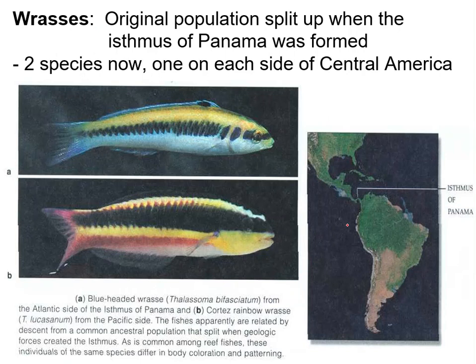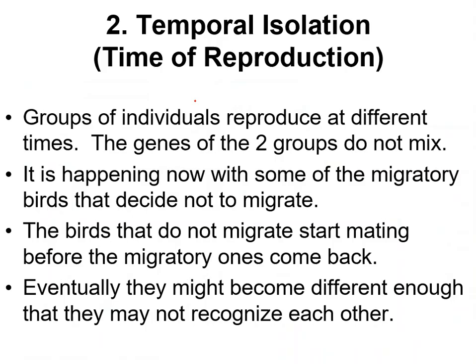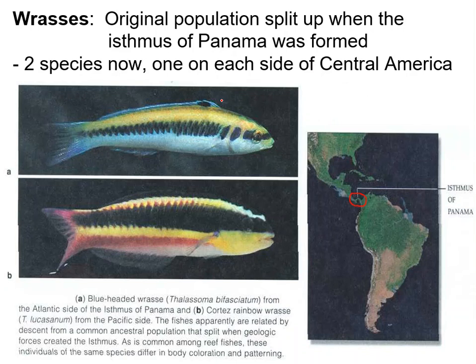Wrasses are a group of fish that were separated by the Isthmus of Panama, this strip of land between the Atlantic and the Pacific Ocean. So those are three examples there. I didn't want to go too quickly. Again, you can pause as you see fit.